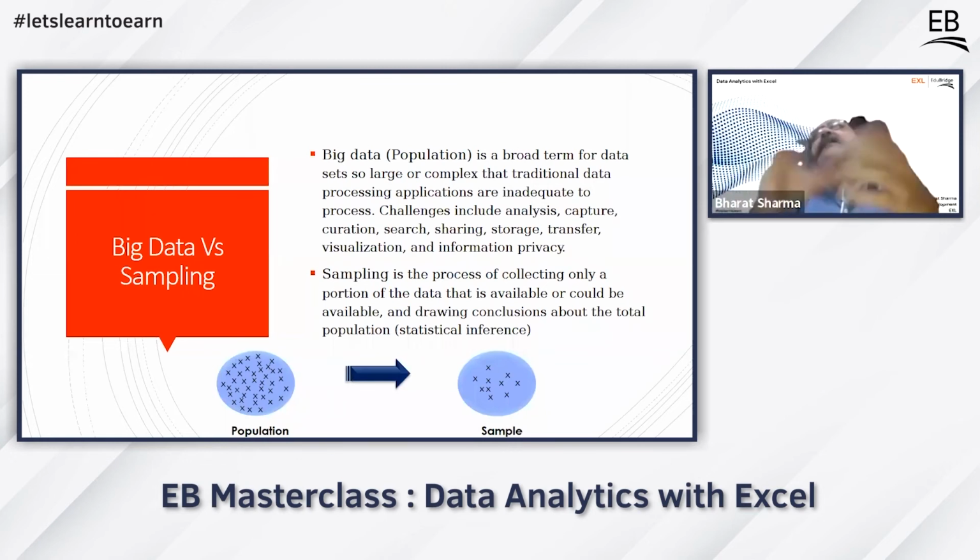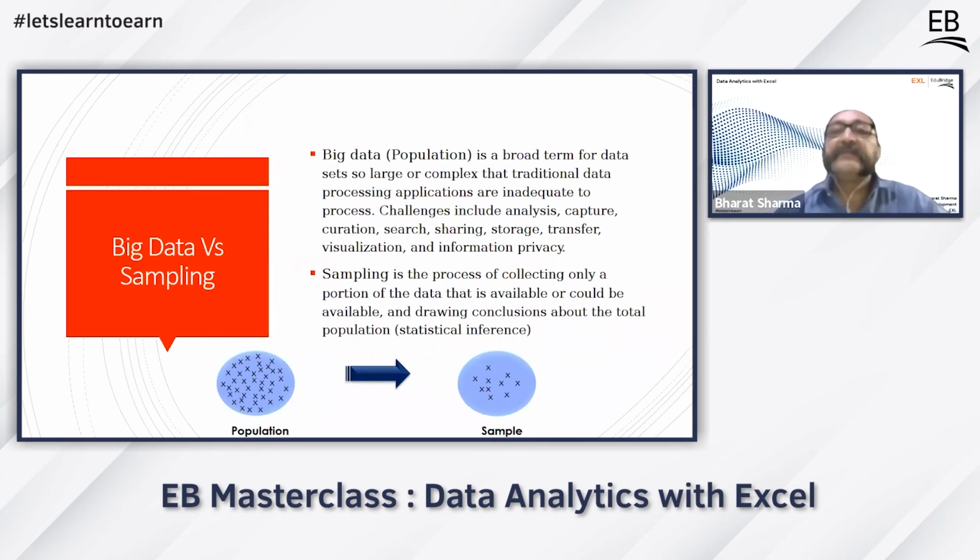But collecting big data or large population data sometimes becomes difficult for immediate analysis, so we rely on samples. I'm not saying we cannot or should not collect big data, but sampling is the technique of taking a portion out of this big data using certain sampling techniques, and then we can do some statistical inferences on that data.